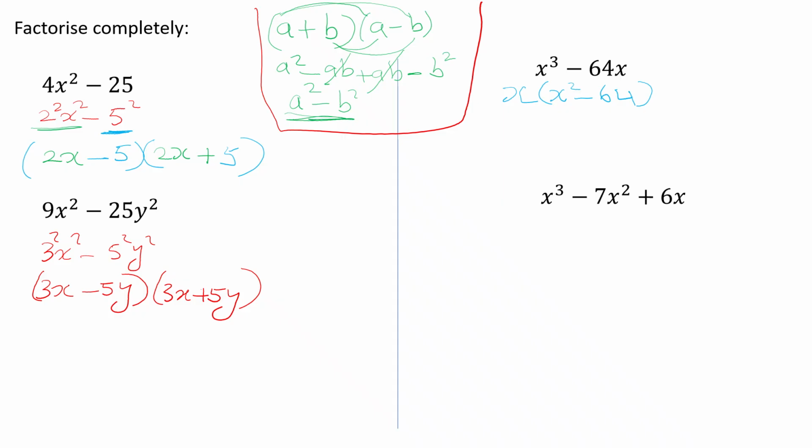So I can factorize again. I keep the x here and (a plus b) times (a minus b). So x minus 8, 64 is 8 squared. Then x plus 8.